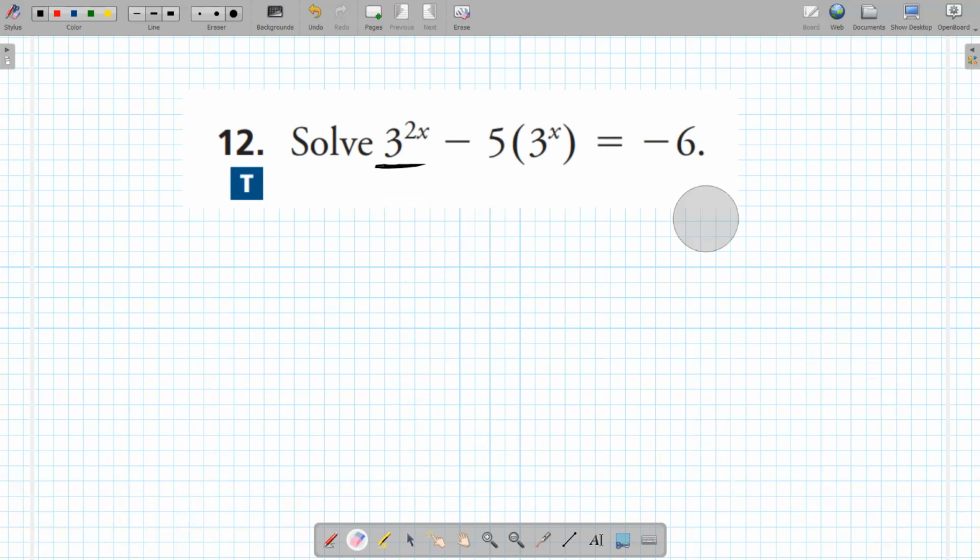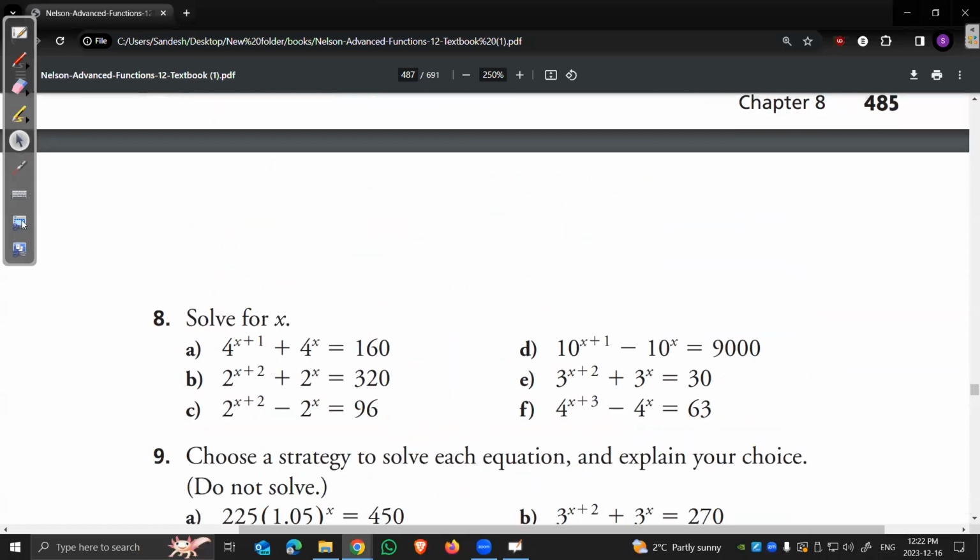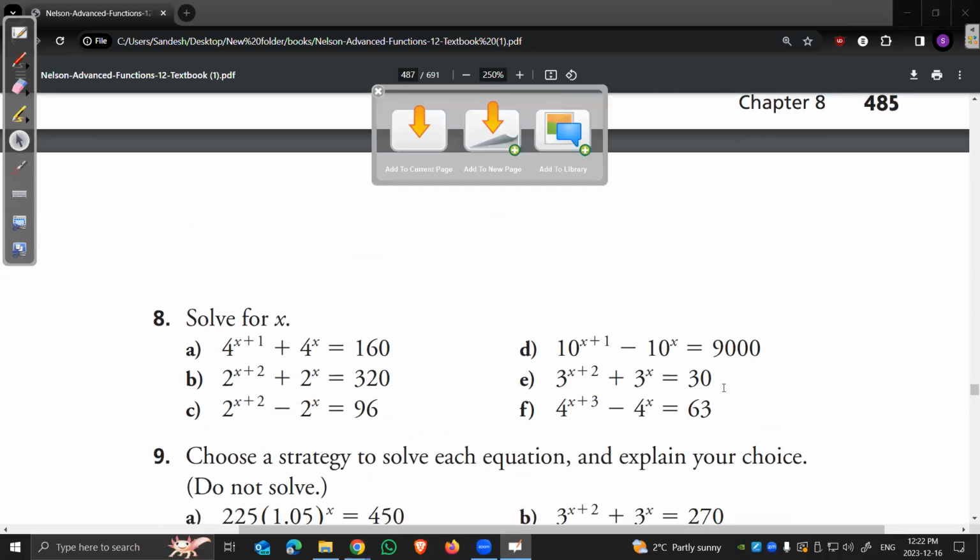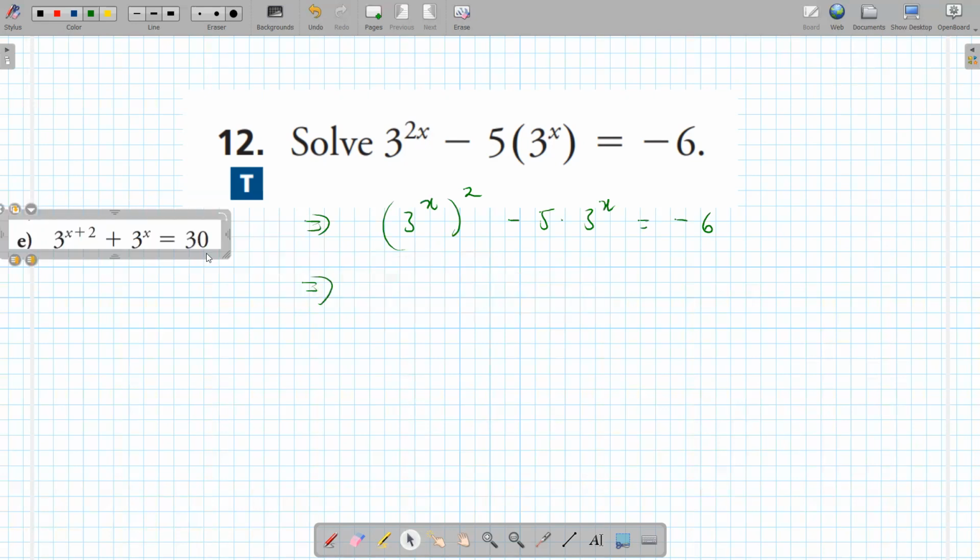So for this one, you have to identify something. Can I rewrite 3 to the 2x as 3 to the x squared, minus 5 times 3 to the x equals negative 6? Now for a question like this, we would pull out the 3 to the x, and that'll give us a number in the middle.